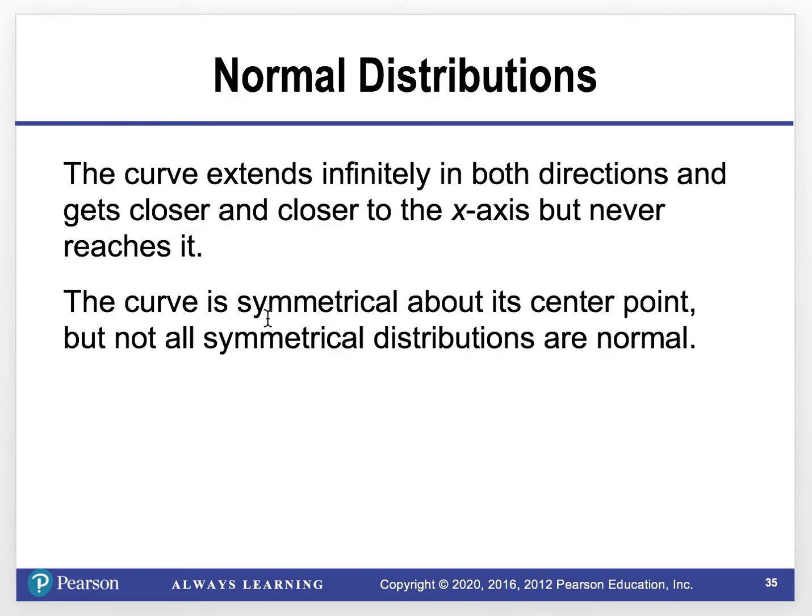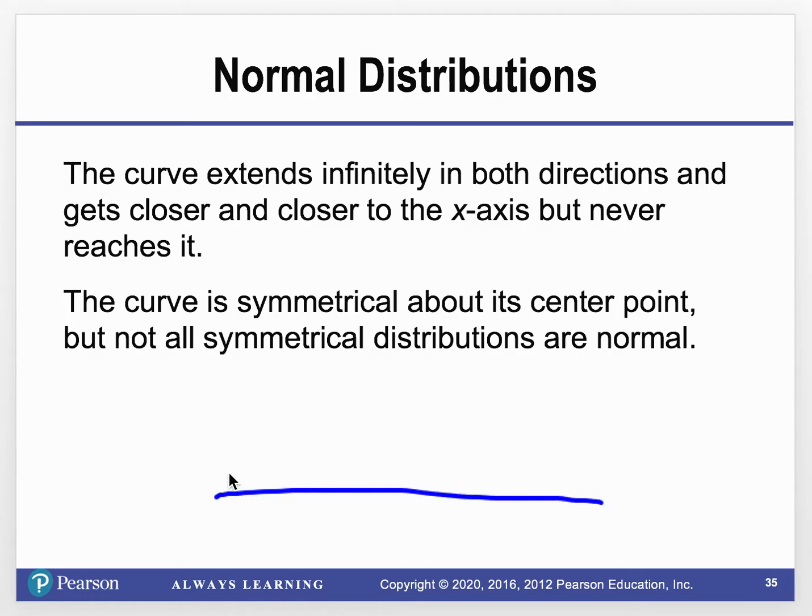In a normal distribution, the curve extends infinitely in both directions and gets closer and closer to the x-axis, but never actually reaches it. The curve is symmetrical about its center point, but not all symmetrical distributions are normal.